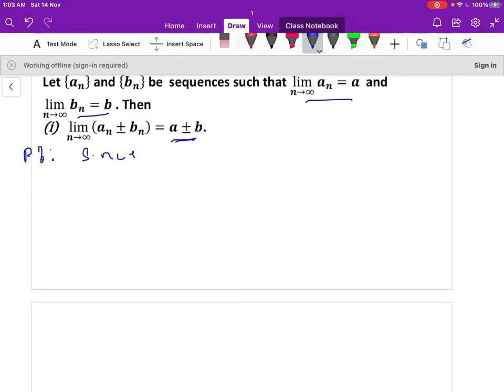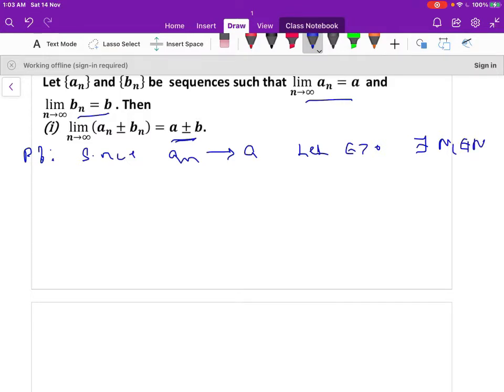Since a_n converges to A, let epsilon be positive, be given.